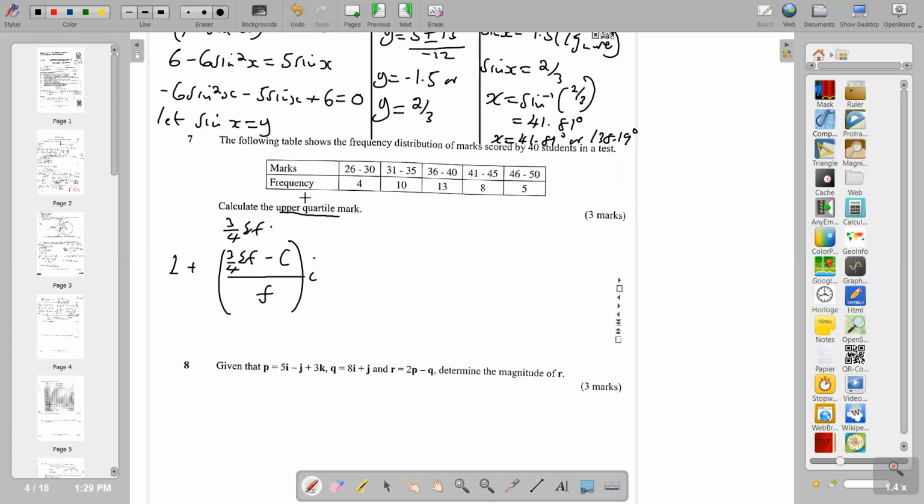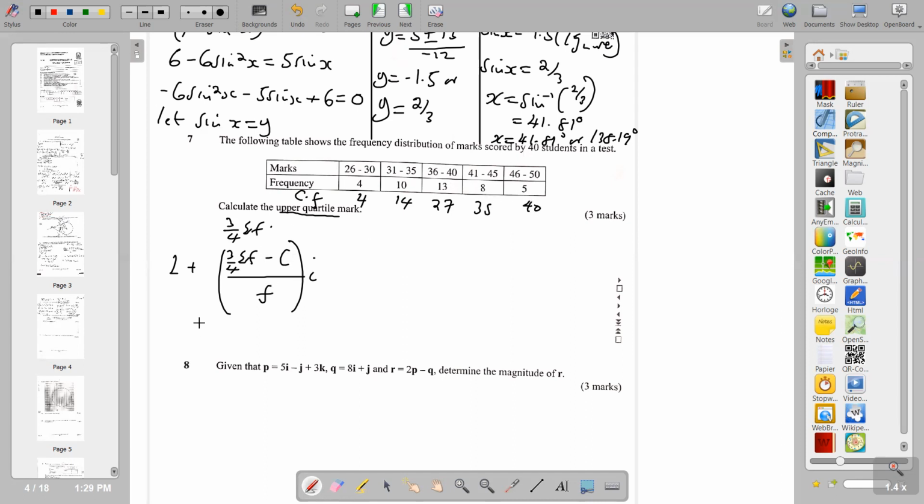So you need to have cumulative frequency. So this will be 4. 4 plus 10, that is 14. 14 plus 13, that is 27. 27 plus 8, that is 35, and then 5 plus 5, that is 40.